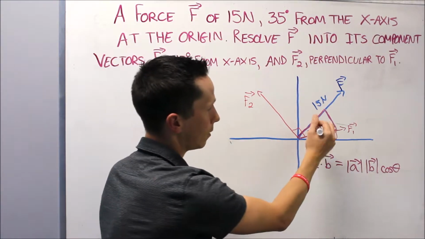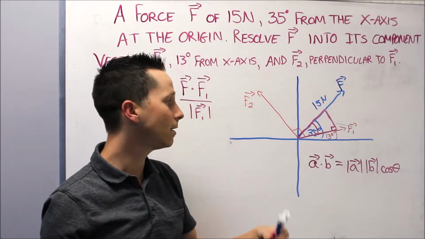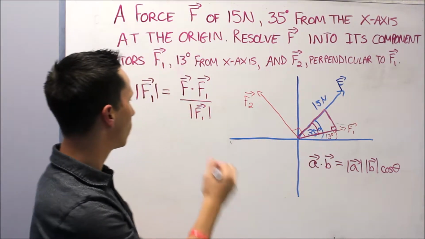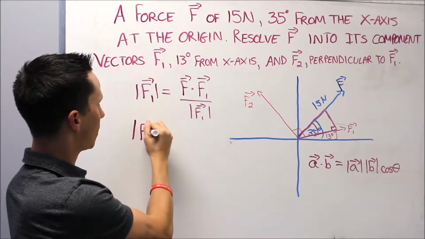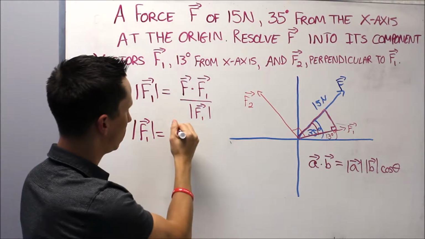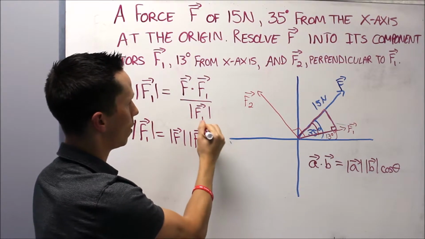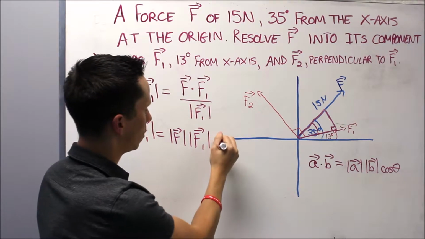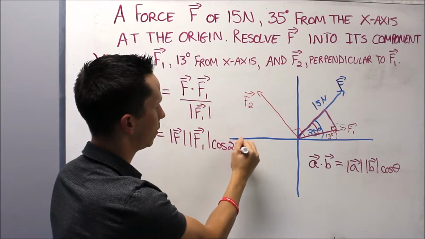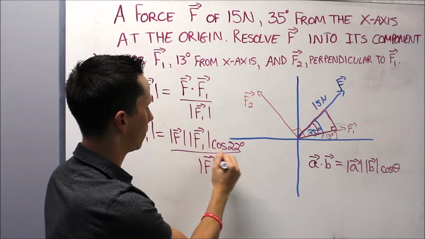And I know my angle is this angle here, which is the difference between 35 and 13. So that's 22 degrees. So I'm going to rewrite this and say F1 is equal to the magnitude of F times the magnitude of F1 cos 22 degrees all over the magnitude of F1.